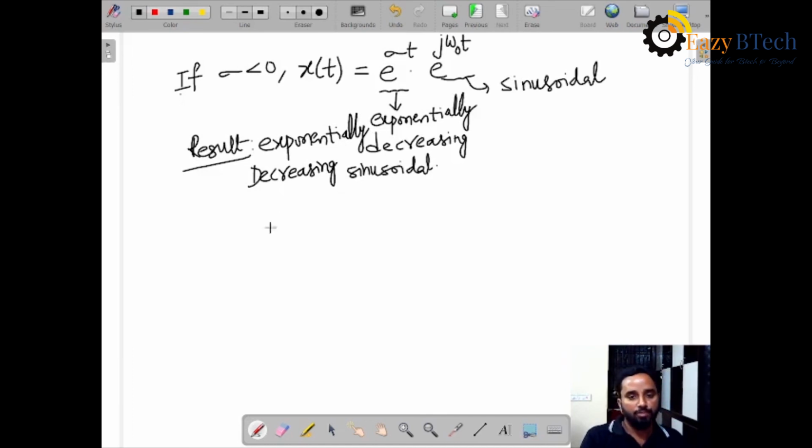The same thing I am going to plot. Whatever the result we have, I am showing with a waveform or plot. So the decaying sinusoidal is exponentially decaying.